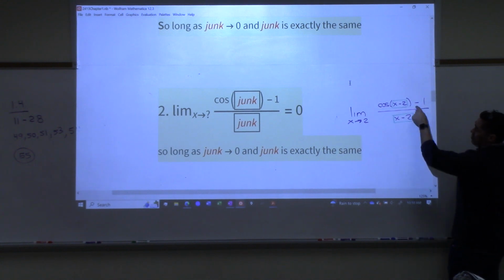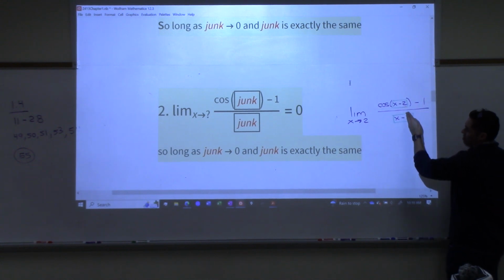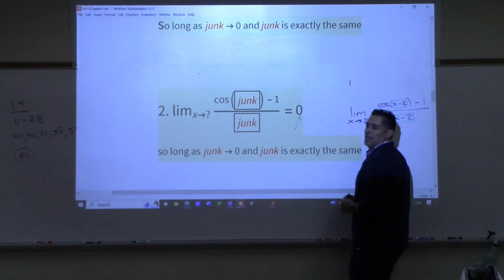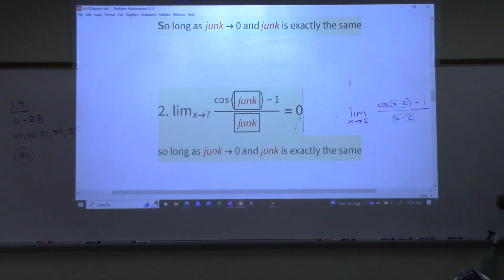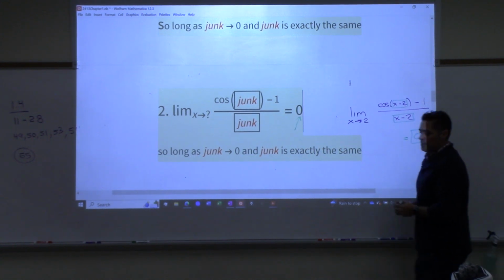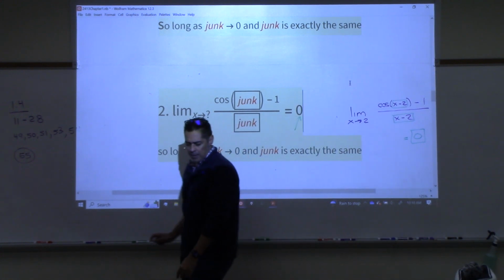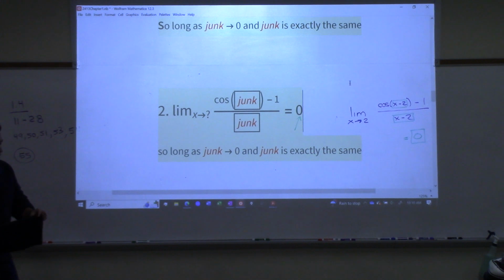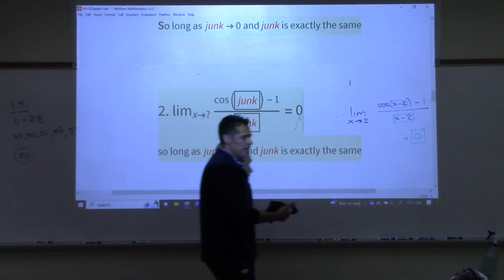And see that we have a minus 1 here. Then as long as those match and they both go to 0, the answer to this is not 1, but 0. So this answer would be 0. I'm not going to test you on that. I'm just showing it to you because it would not be complete for me to just skip it. So there it is. All right. Again, I can't prove that to you. You have to take that on faith.